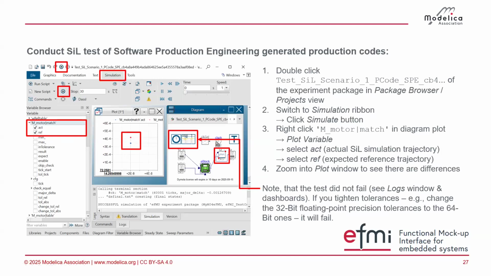An interesting thing is if you zoom in on this plot, then you see a slight difference. That is because what you simulated here was a 32-bit floating point precision. The reference was 64-bit floating point precision. So there must be some difference, but it's within tolerances. If you would tighten the tolerances and run the test again, you would very likely see it fail.